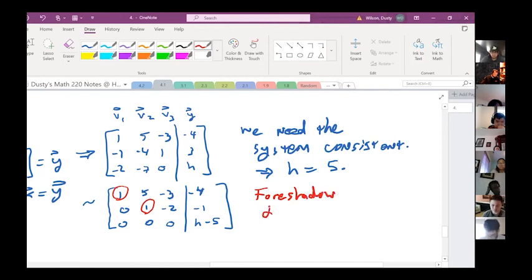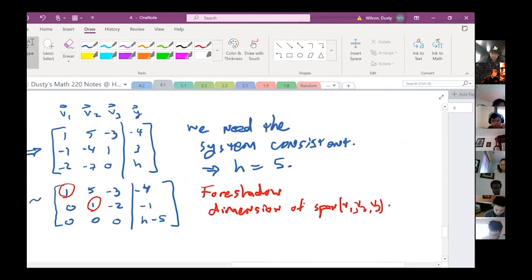This is like a foreshadow. We would say that the dimension of the span of V1, V2, V3 is 2.